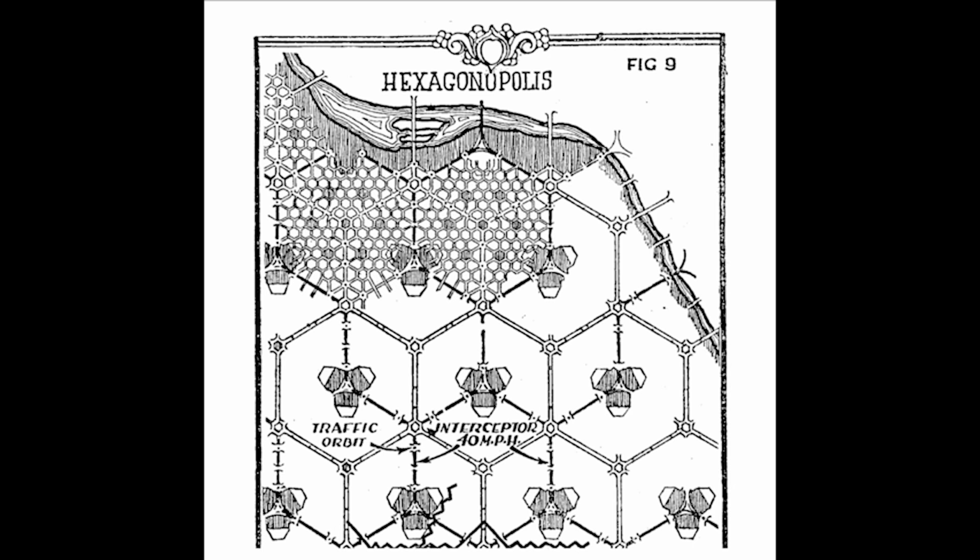And so these thick lines that you see in the Hexagonopolis are what he called interceptors, right? And so these form larger macro hexagons, and they were meant to be grade separated. So they'd be like high-speed expressways passing underneath or above the surface level for long distance traffic across metropolitan areas rapidly.